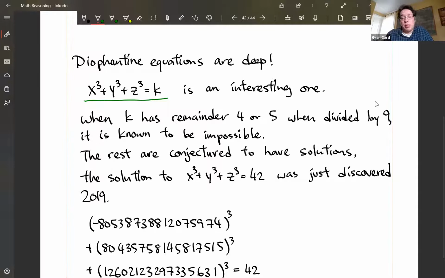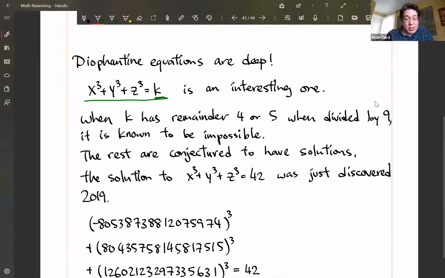It turns out, using some stuff that's a little bit out of scope for this class but not too difficult, that when this number k is divided by 9 and the remainder is either 4 or 5, you can show that this is impossible. The rest of the numbers are conjectured to be possible. In fact, it's conjectured that there should be infinitely many solutions.